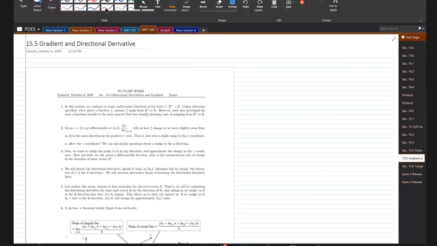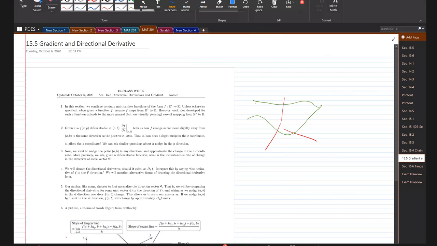Okay, so the next thing we want to talk about is the idea of a directional derivative. In the last section, we said, if we've got some surface in 3-space, and we go to some point on that surface, we could say, if we nudged a little bit in the x direction, how would our z values change?